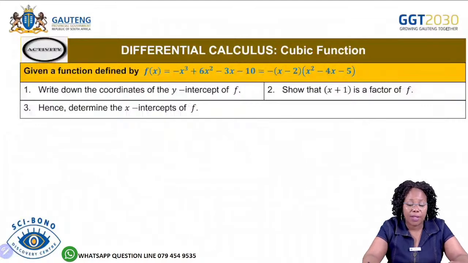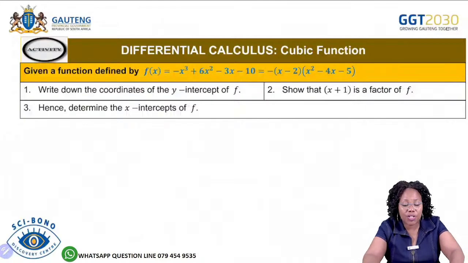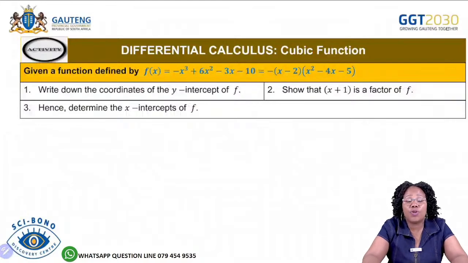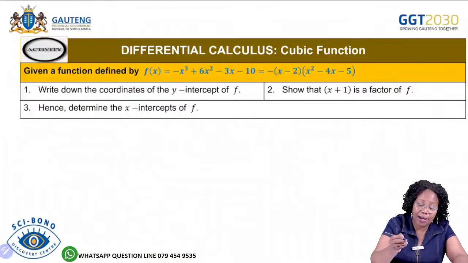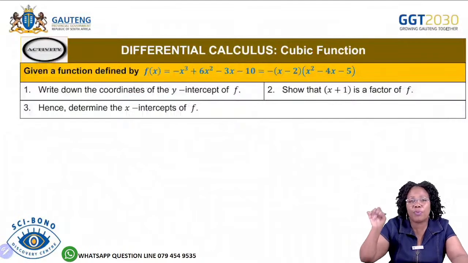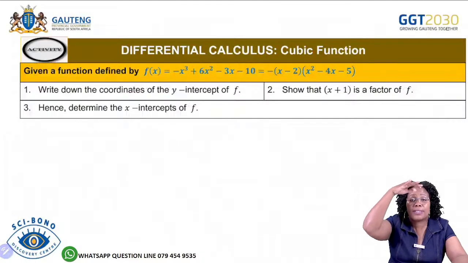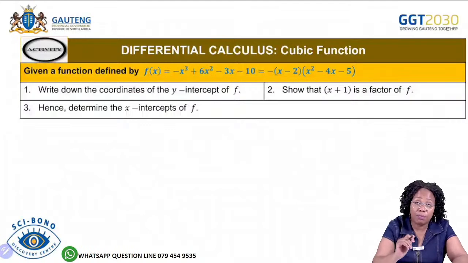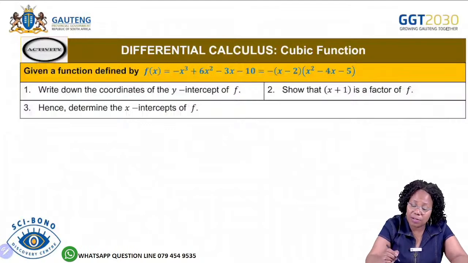Right. And then now moving on, we are still on differential calculus. We now look at the cubic function. Remember, when you talk cubic function, we are talking about the graph that is having two turning points, which is the maximum and the minimum turning point. I hope you still remember that.